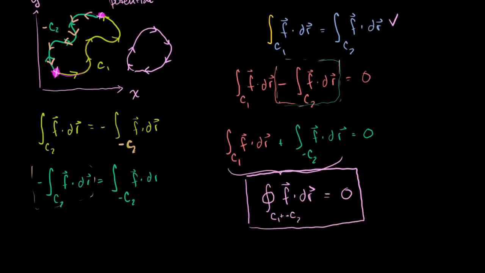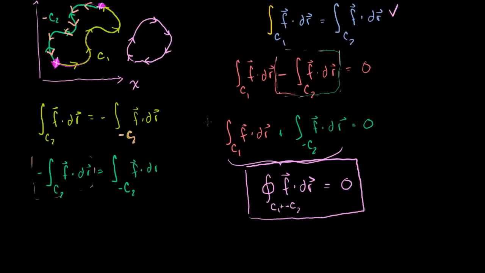So that's the neat takeaway here, that if you know that this is conservative, if you ever see something like this, if you see this f dot dr, and someone asks you to evaluate this given that f is conservative, or given that f is the gradient of another function, or given that f is path independent, you can now immediately say that is going to be equal to 0. It simplifies the math a good bit.